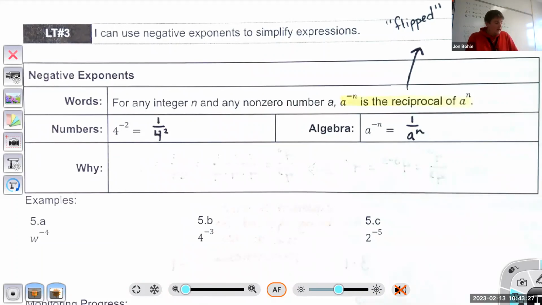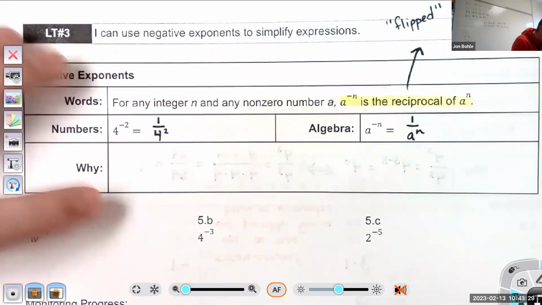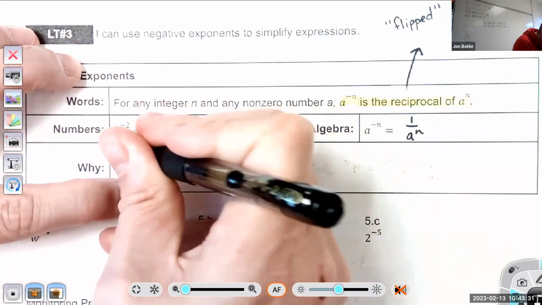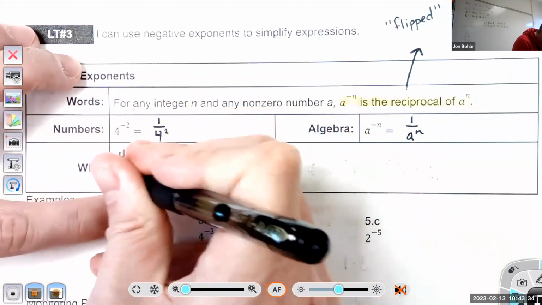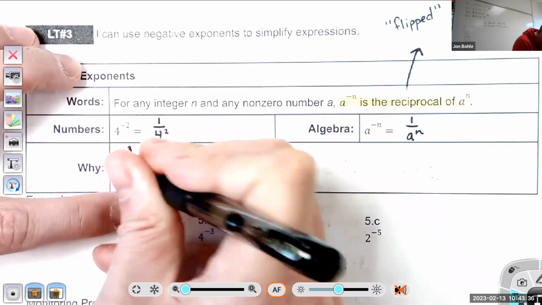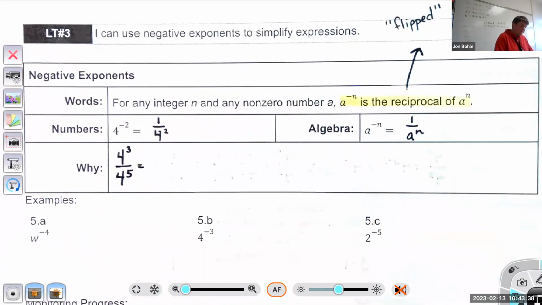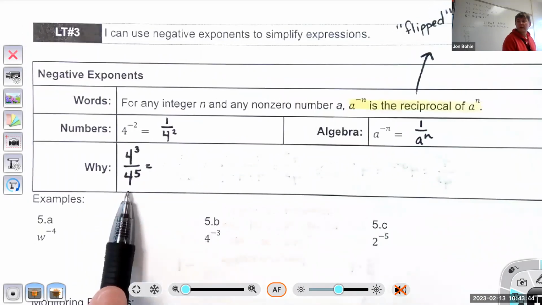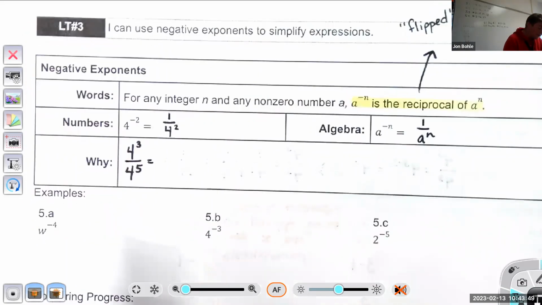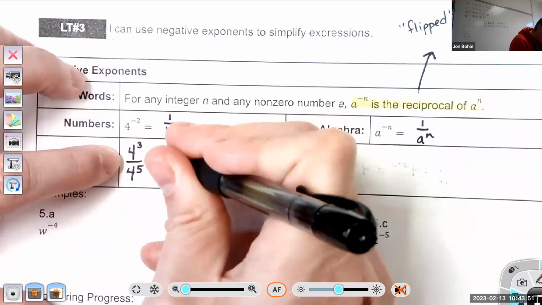Here's why. Let's say I have 4 to the third power divided by 4 to the fifth power. What math operation am I doing here? Division. What's my division rule tell me to do? Subtract my exponents. And you're going to subtract top minus bottom.